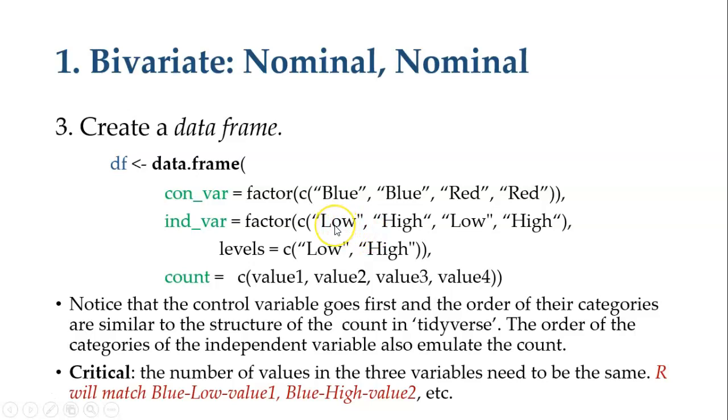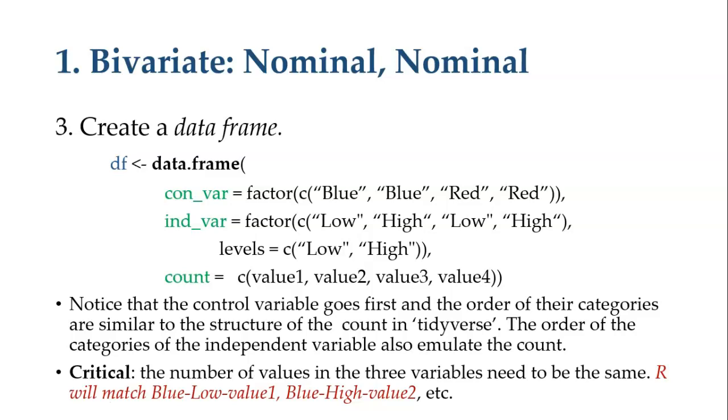And they don't need to be low, high, low, high. They could be low, low, low, high, or they could be low, high, high, high, high, right? But what is critical here is that you have the same number of values that will be graphed. In this case, for instance, blue, low value, blue, high value. So you have 4 in your 3 variables, okay?